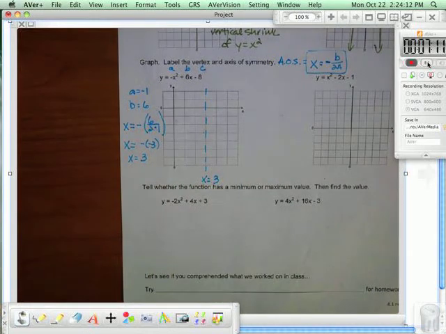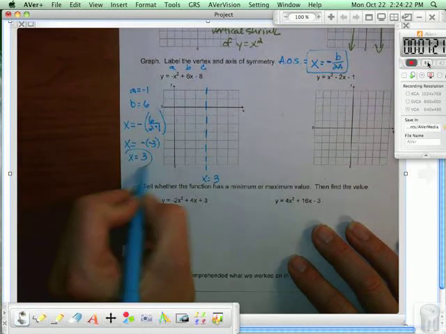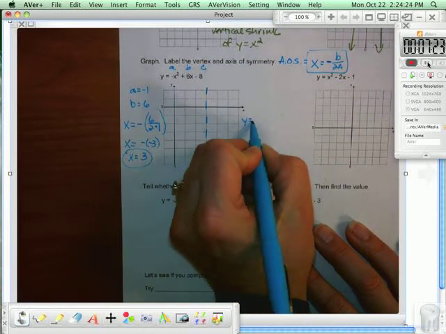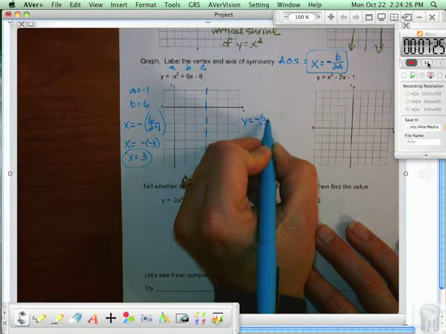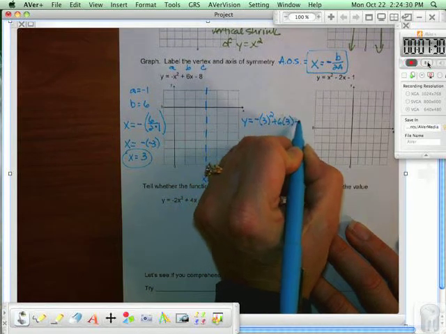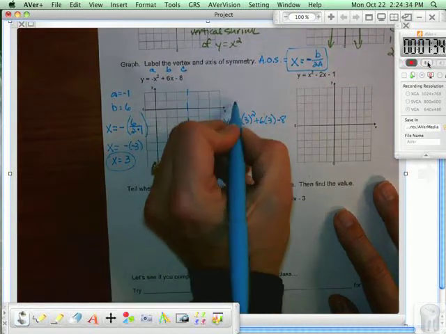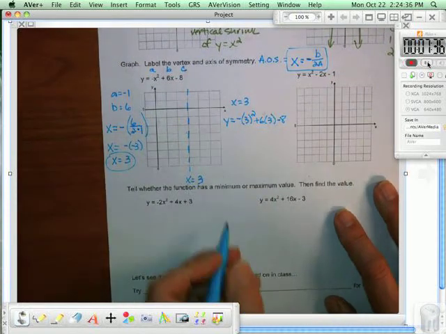So what do I have to do to get the y coordinate of the vertex? Plug it into the equation. That's what I'm going to do. So I take this and I plug it into y equals, be careful with those signs. If x is 3, I'm going to plug it in, and this is what you should get.